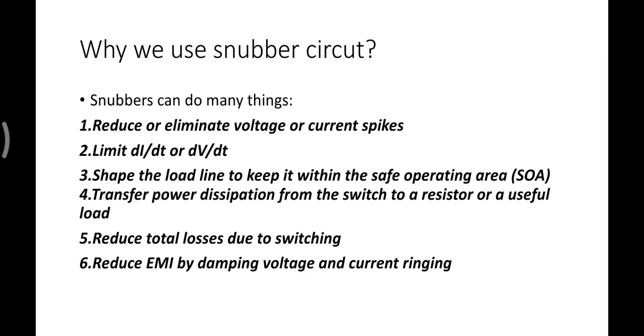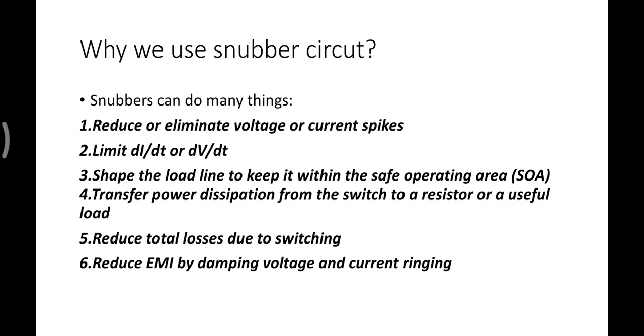Spikes mean unwanted voltage or excess current raised in the waveform, and that can be reduced by using this snubber circuit. The second one is that it also limits the rate of rise of current, and the rate of rise of voltage.